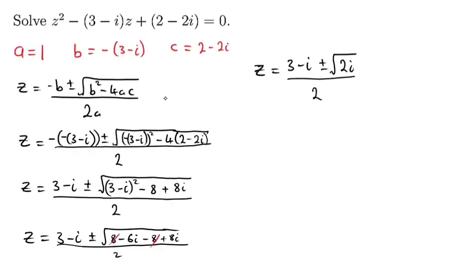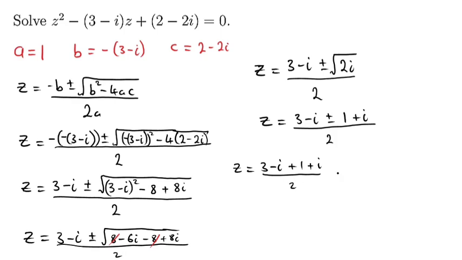So if we go back to our question, we can now replace the square root of 2i. So this will be z is equal to 3 minus i plus or minus 1 plus i, and all this is over 2. So z will be equal to 3 minus i plus 1 plus i, divided by 2.